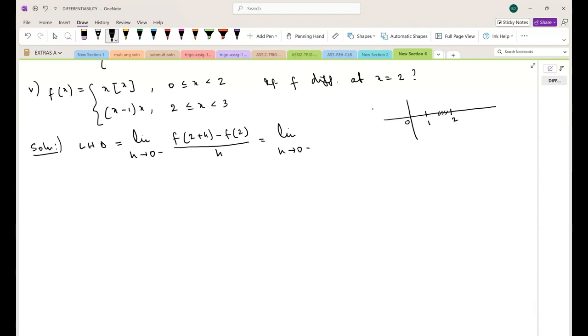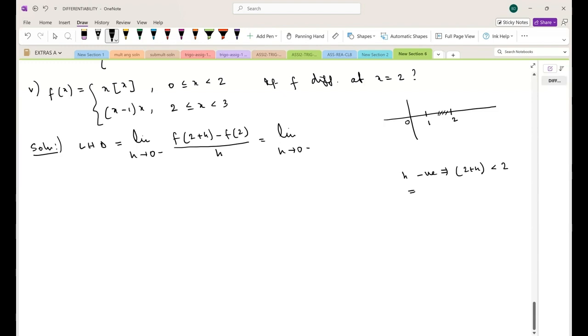Oh, okay, sorry, I'm really sorry. Let us find it separately here. h is negative, that means 2 plus h is less than 2.